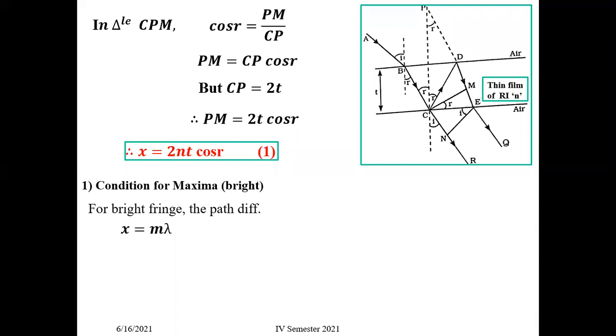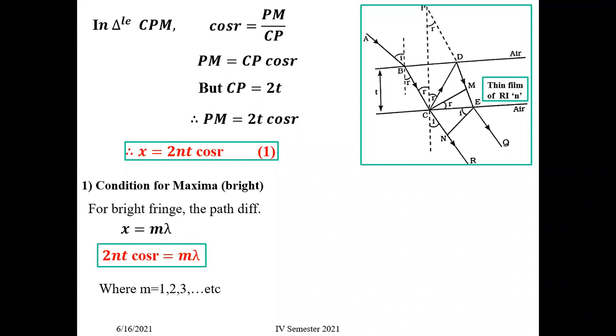You know the path difference is 2nt cos r, therefore 2nt cos r is equal to m lambda. This is the condition for getting the maxima or bright fringe in the interference due to the thin film in the transmitted light, where m represents the order of the fringe, an integer, m is equal to 1, 2, 3.